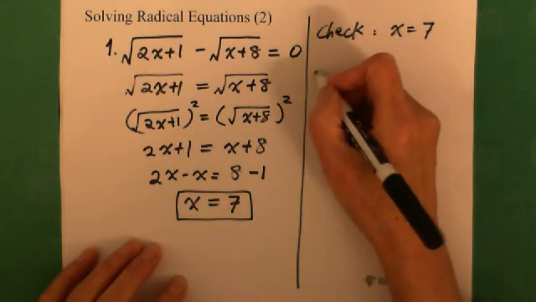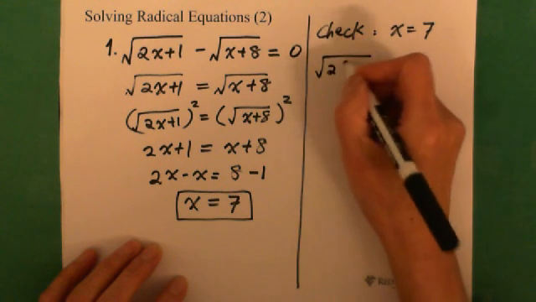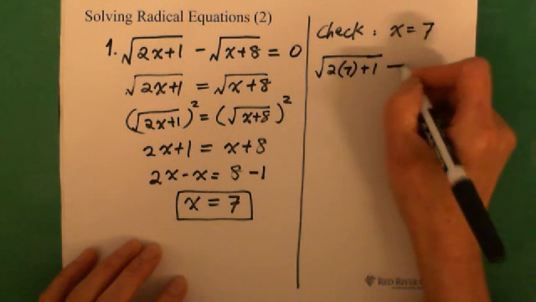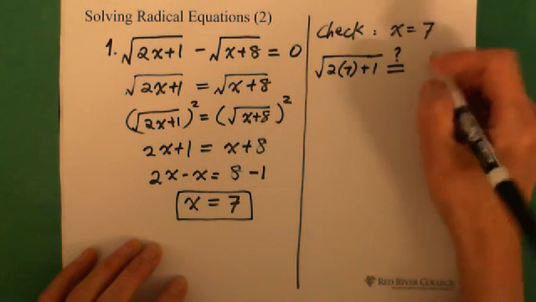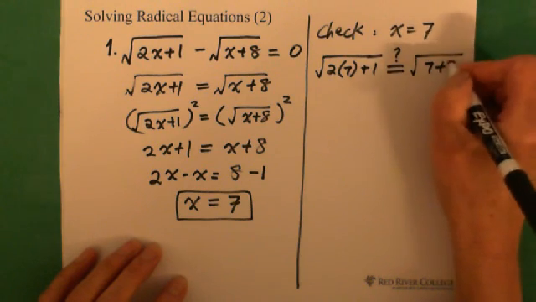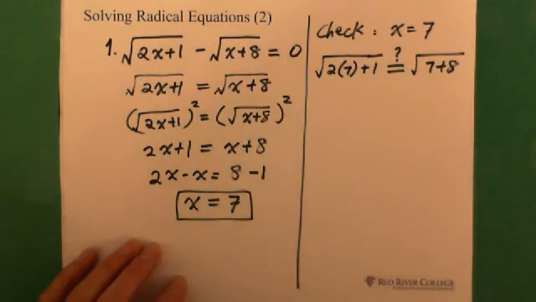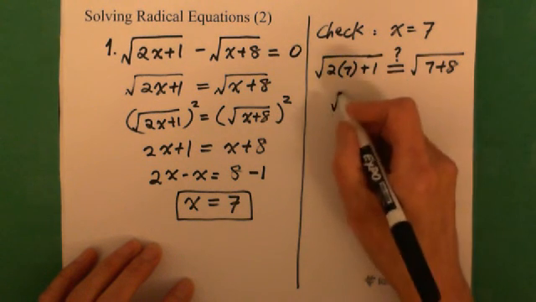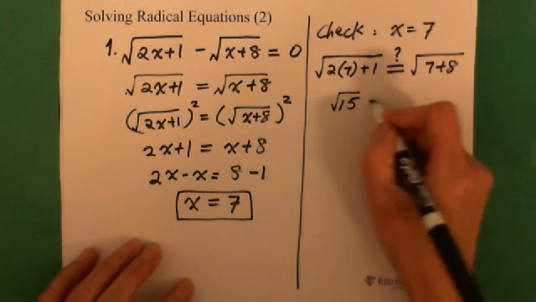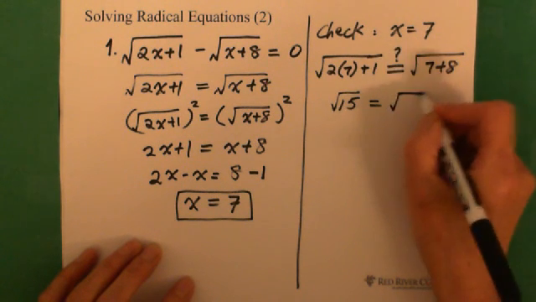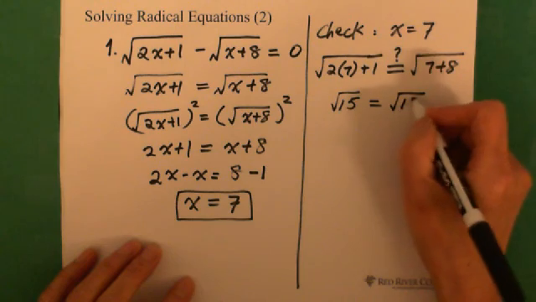So we have square root of 2 times 7 plus 1, to see if it is equal to square root of 7 plus 8. 2 times 7 equals 14, plus 1 is square root 15. On the other side also equals square root 15, right?